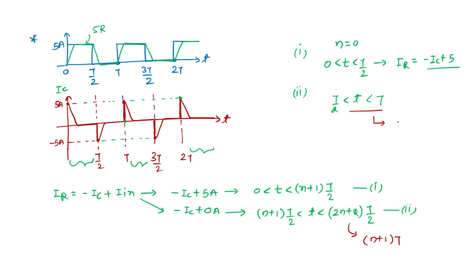In this, what is happening? IR is minus IC plus 0, meaning you need not shift this region. With that, if I plot the IR, then what will happen? This is just a mathematical representation; you can do the analysis also.